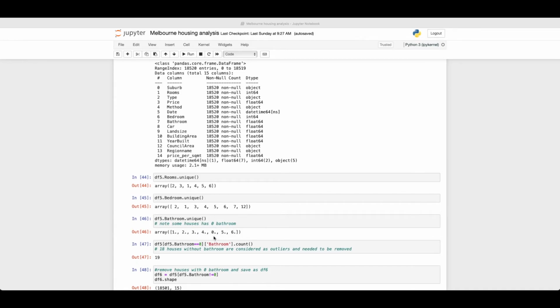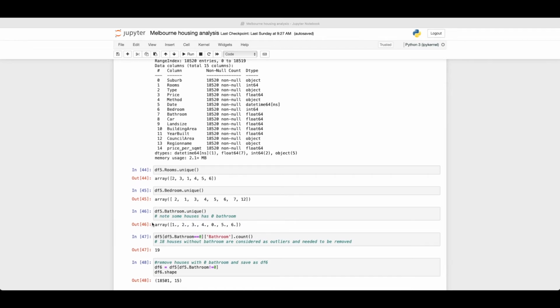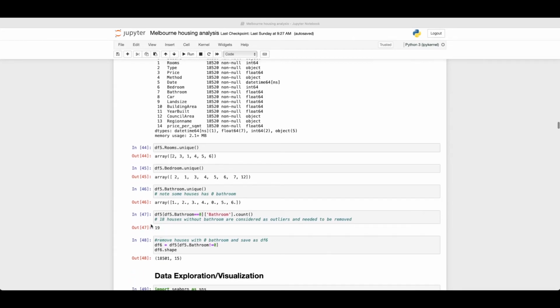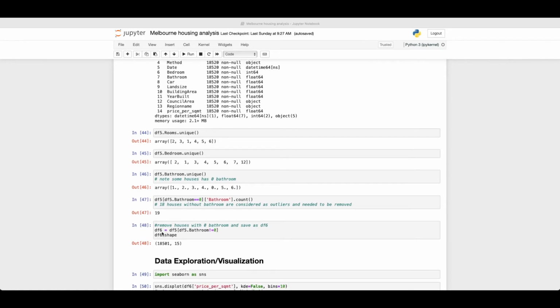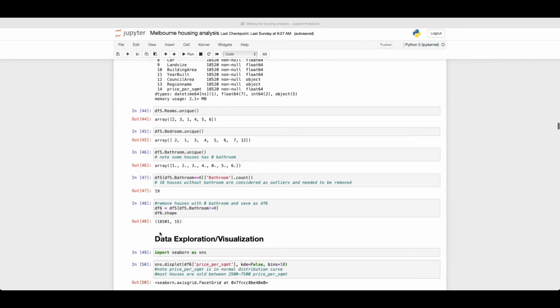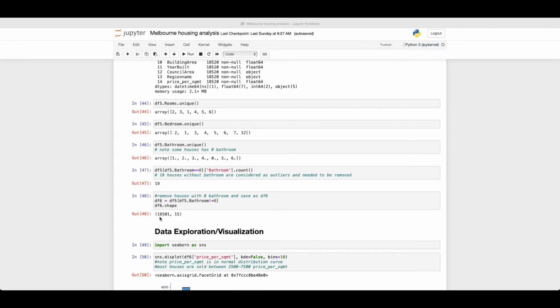It could be a typo or data entry mistakes. So we've got to filter them out. What I did, I count them first. There's only 19 of them, and I save as data frame 6 where the bathroom numbers are not equal to 0. And now we have only 18,501 data records.